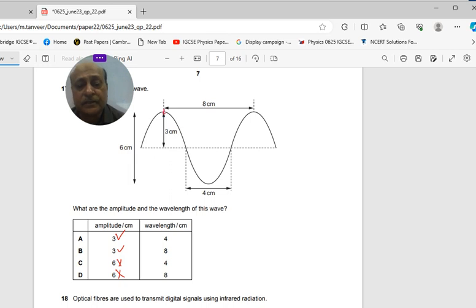This is a crest, the point at the highest position from the normal position. So this is the wavelength. Wavelength is 8, this is correct. Wavelength is 4, that is wrong, since this is the distance only between two lowest points. So wavelength is the distance between two consecutive crests or two consecutive troughs. So only option B is correct.